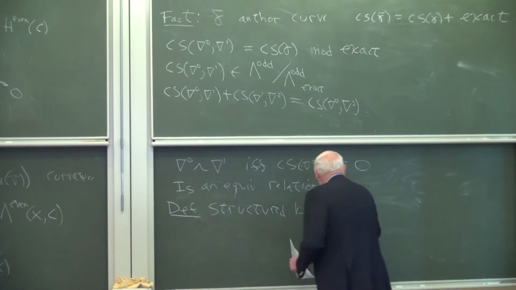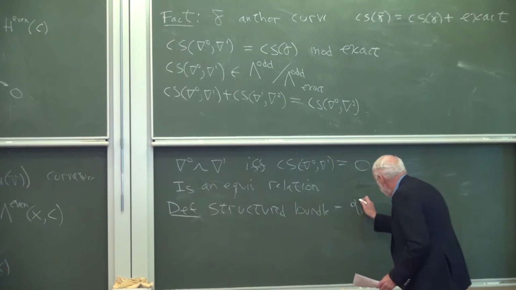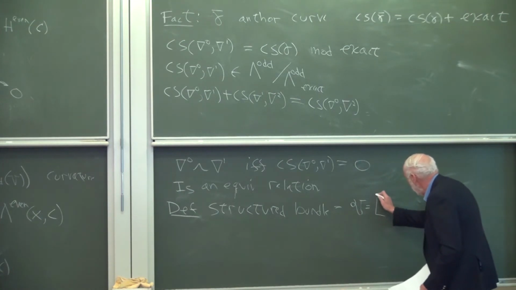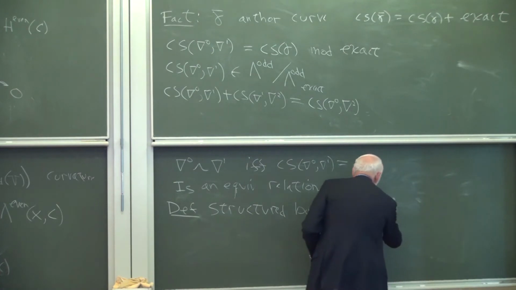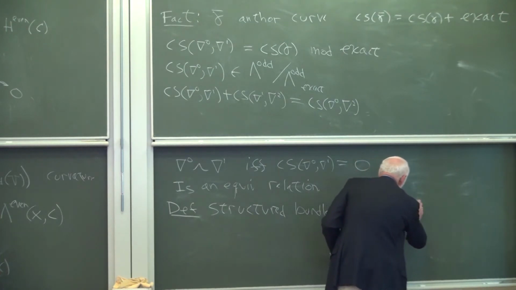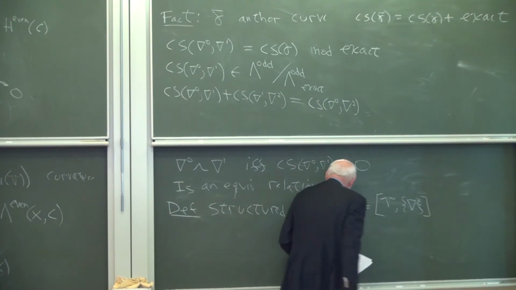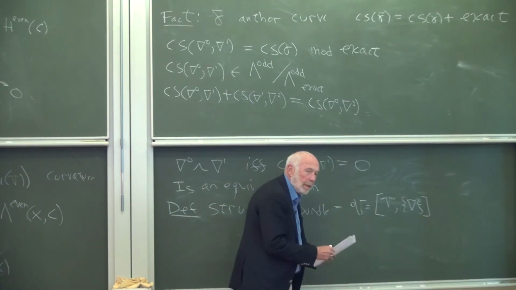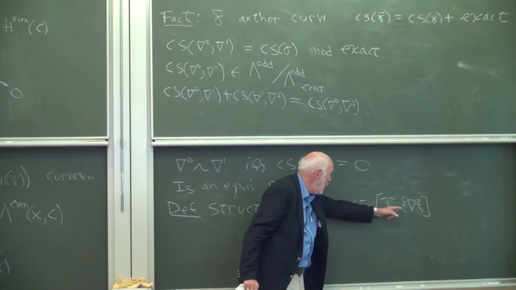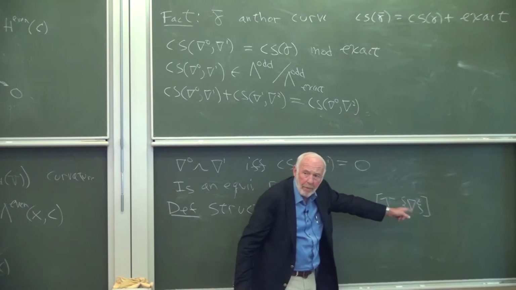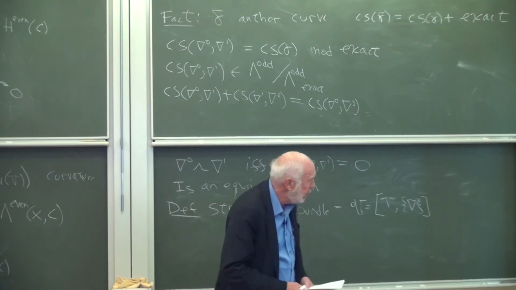And this is equal to a pair, V equals a vector bundle together with an equivalence class of connections. So that's a structured bundle. It's a vector bundle. It doesn't have a particular connection, but it has this family of connections, and that's good enough for many purposes.